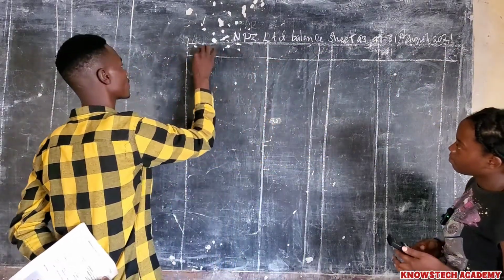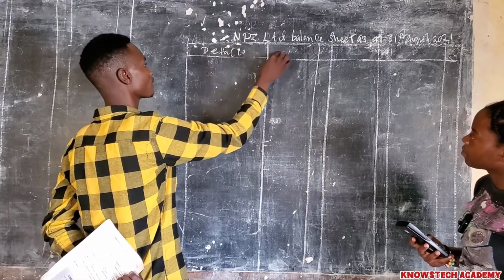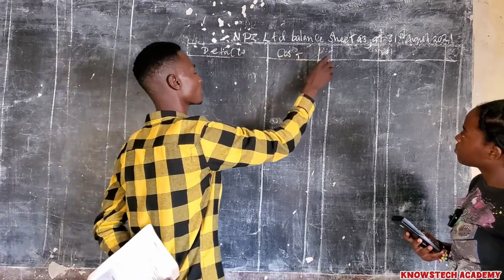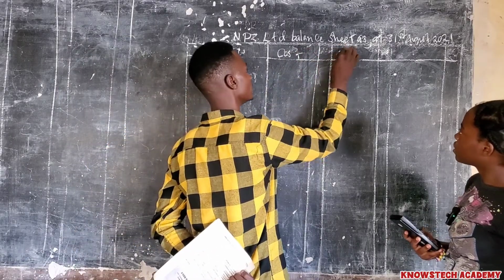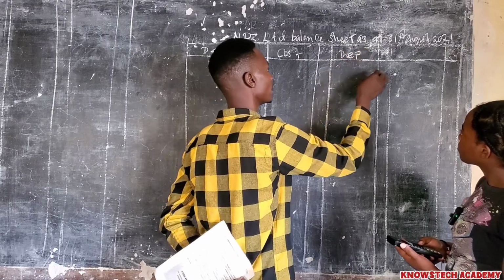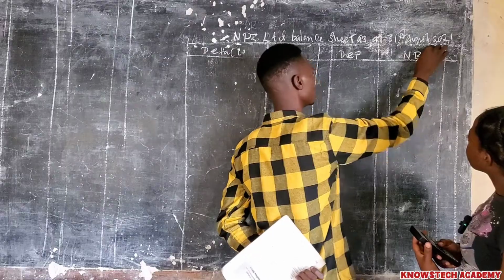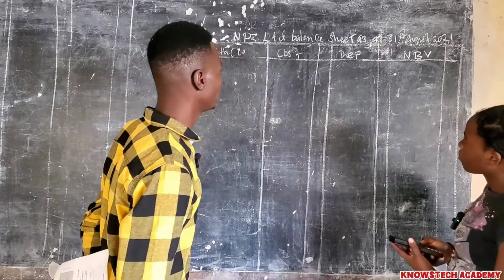This column is for details. This one is for cost. This one is for depreciation, so let me just write DEP. Then here is for net book value, abbreviated as NBV.